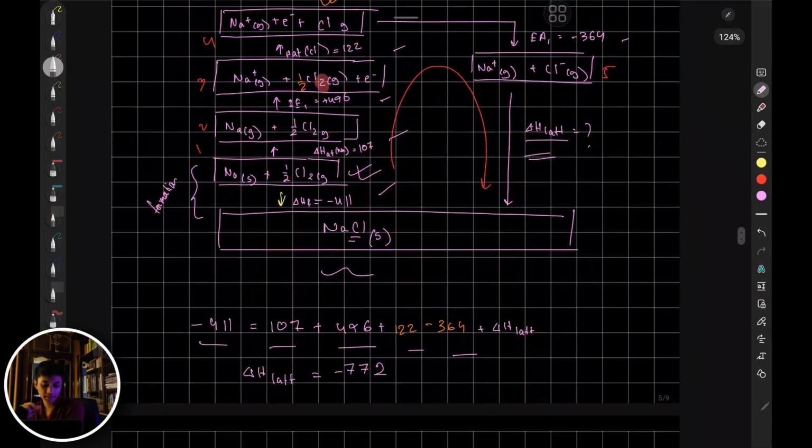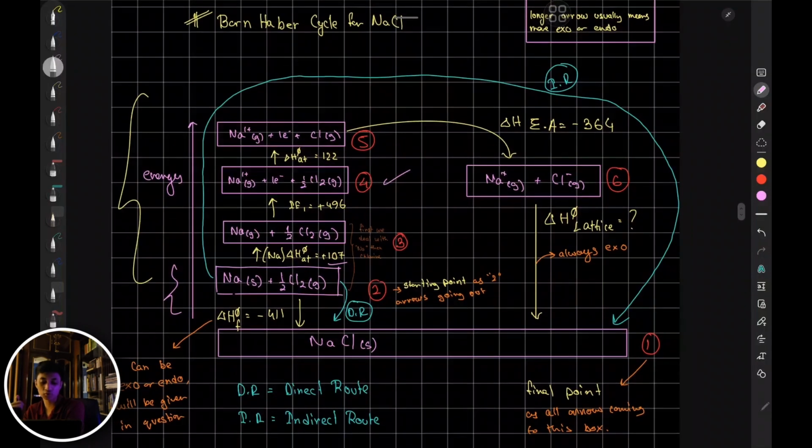You may need to find out the starting point of the Born-Haber cycle and the ending point of the Born-Haber cycle for the ease of the calculation. So in this mess, let's try and figure out what the starting point is.